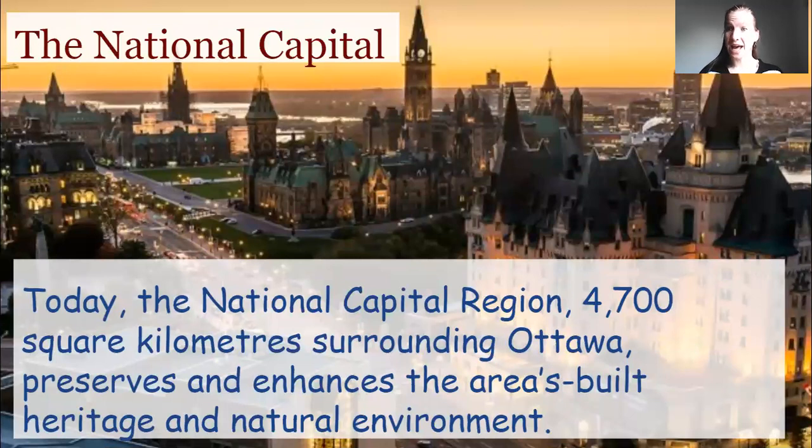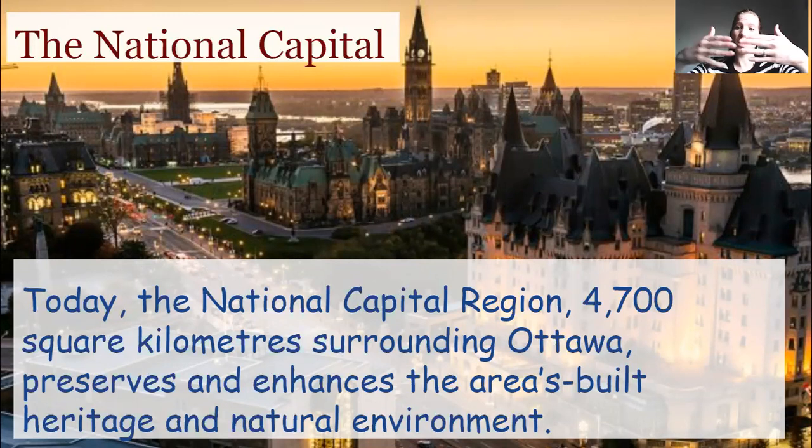The national capital. This is a picture of Ottawa. Today, the National Capital Region, 4,700 square kilometers surrounding Ottawa, preserves and enhances the area's built heritage and natural environment. What does that mean?